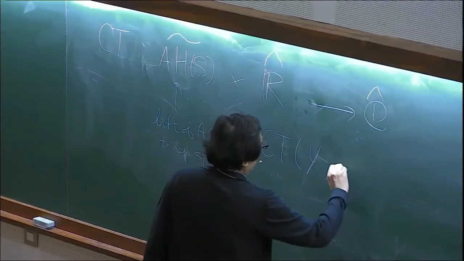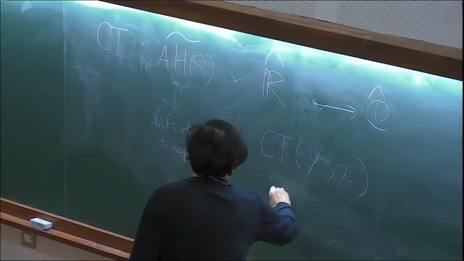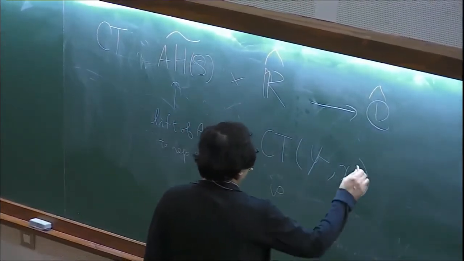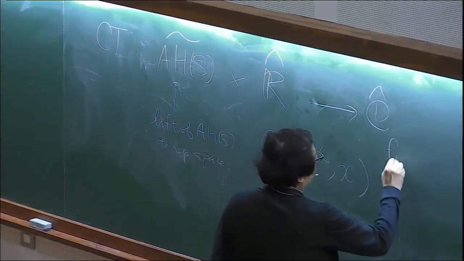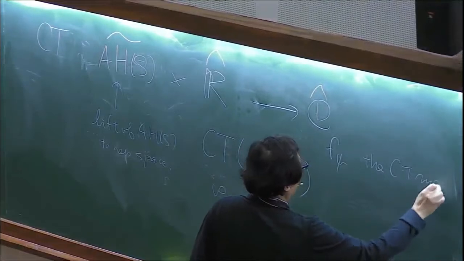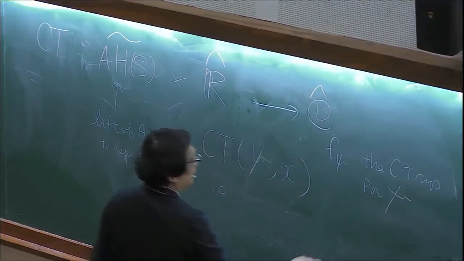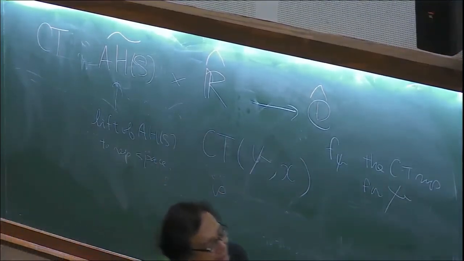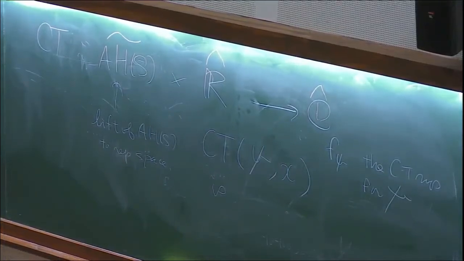So CT(psi, x): let f_psi be the Cannon-Thurston map for psi, whose existence we know thanks to Mj's theorem.